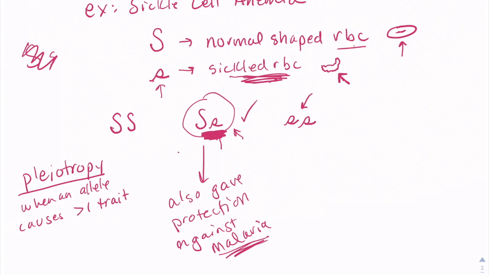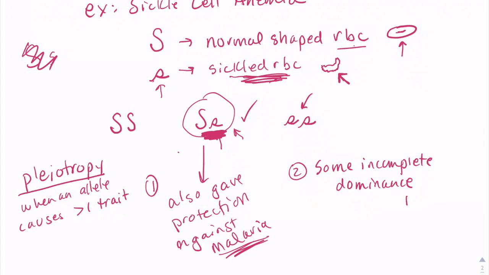That's one interesting thing about sickle cell anemia. The other interesting thing is that it exhibits some incomplete dominance. Like in four o'clocks, where the heterozygous gave you pink flowers, right?